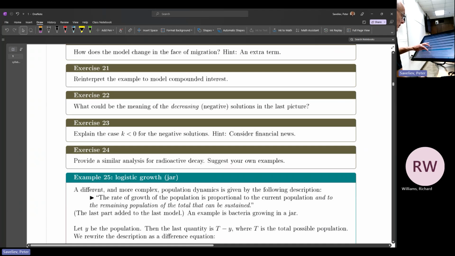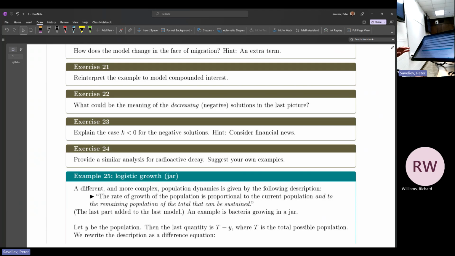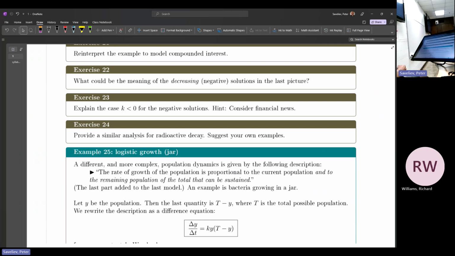So in other words, suppose the total possible population is T uppercase. Okay, and then there are two coefficients of proportionality in addition to delta t. It's proportional to the population Y, so it means that if you double the population, you double the increase.